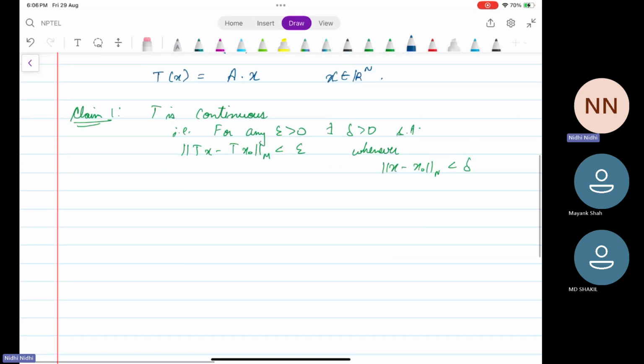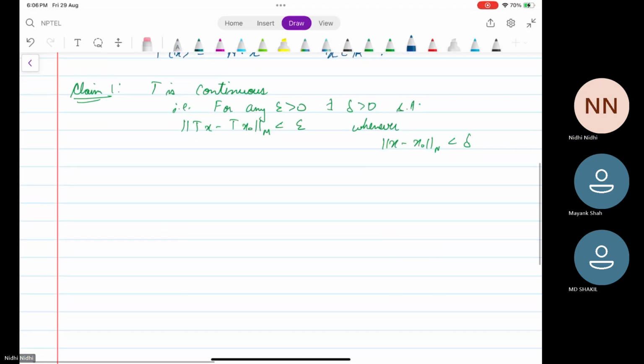So firstly, let's start with how Tx minus Tx naught will look like.